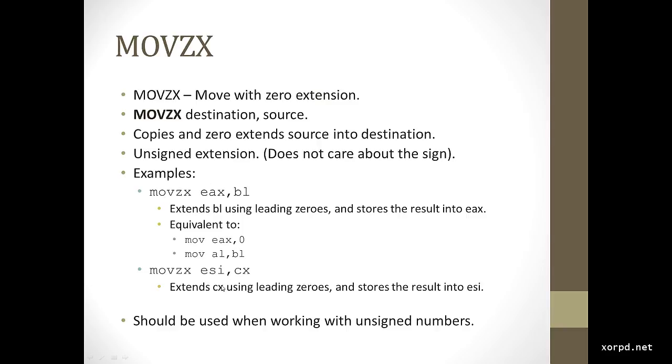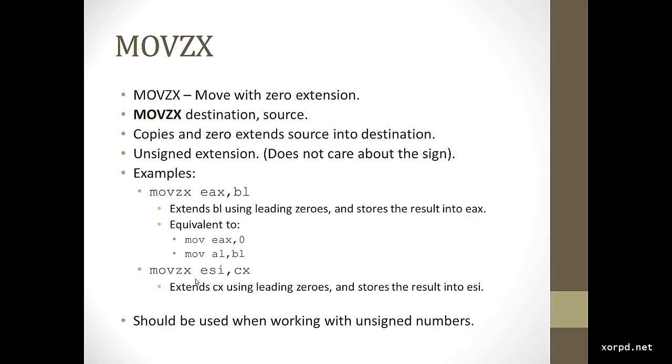Another example, which is basically pretty much the same: this instruction extends from 8 bits to 32 bits, and this one extends from 16 bits to 32 bits. Again, it just adds leading zeros. Nothing very special about it. This instruction, move zero extension, should be used when working with unsigned numbers.